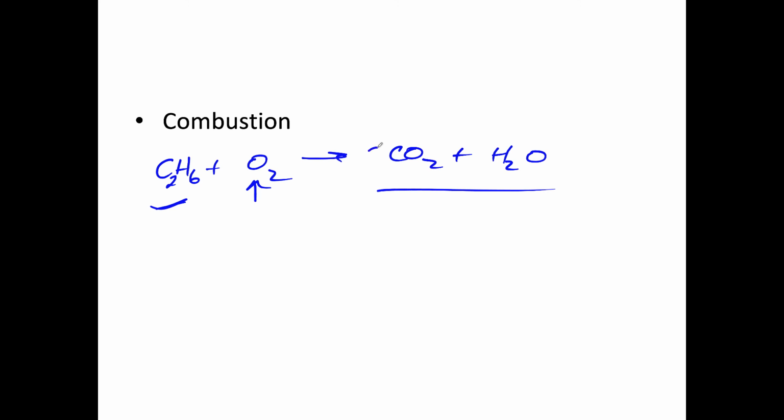If I remember, this is going to be 2, and this is going to be 3, 4, and 3, 2. Let's see, I need to balance this out, and I'll show you how to do this next slide, but that's the balanced equation. So they're burning, and you get this.